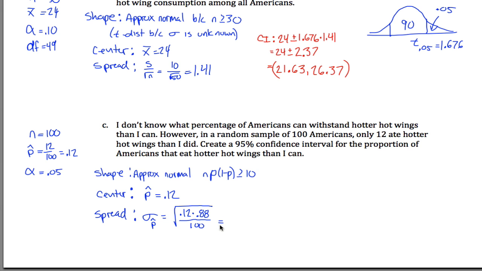I should punch that into a calculator. That was 0.03. Should I do one more decimal place? Fine, 0.032.